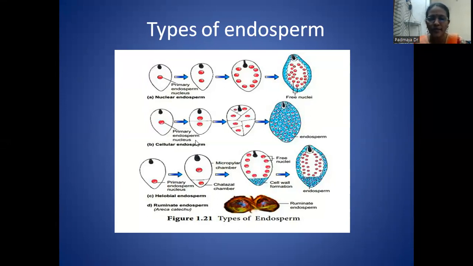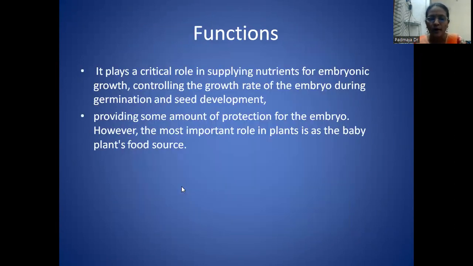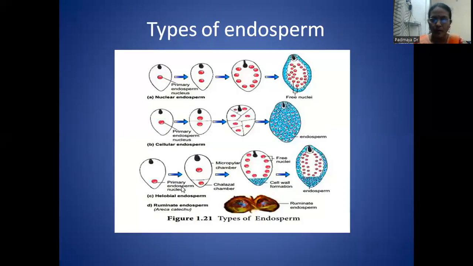And next one is the helobial. It is mainly seen in the monocots. In this, the nucleus will divide, and one nucleus will move to the micropylar end and another to the chalazal end. We can clearly see that the primary endosperm nucleus is dividing, and one is moving towards the micropylar chamber and another towards the chalazal chamber.